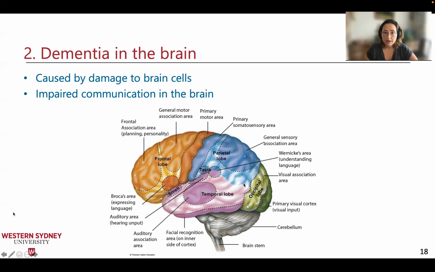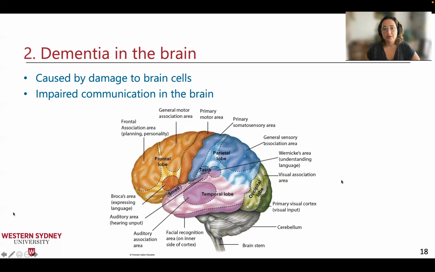You've got your parietal lobe, which is your primary somatosensory area, general sensory association areas, and understanding language, which overlaps with the temporal lobe there. So you can see how language, interestingly, is very much represented across different areas of the brain to make all of it successful, whether it's the processing or the production of it.